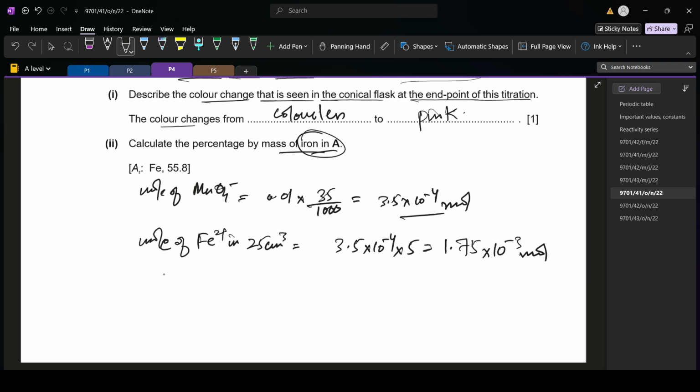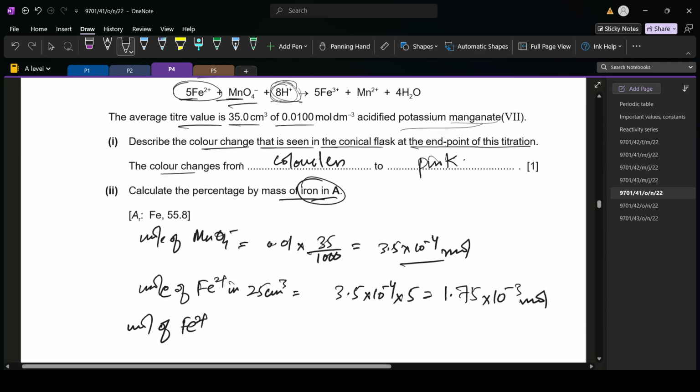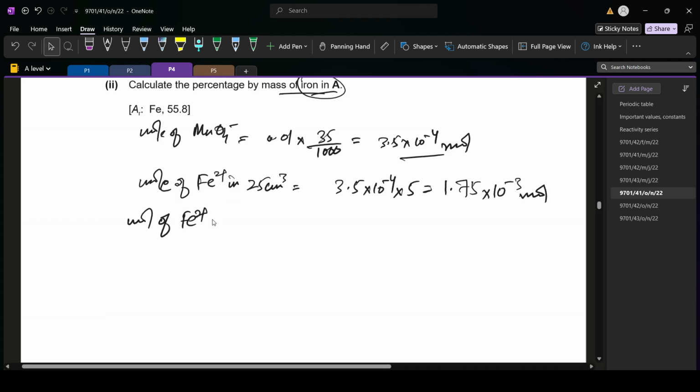Now the moles of these Fe2+ ions in 100 cm³, because we used a 25 cm³ sample. What will be the moles in 100 cm³?